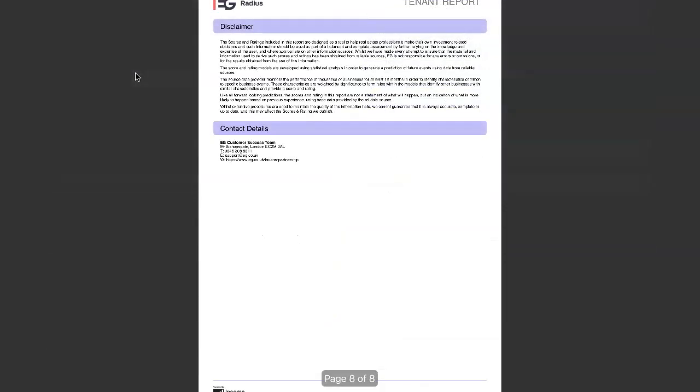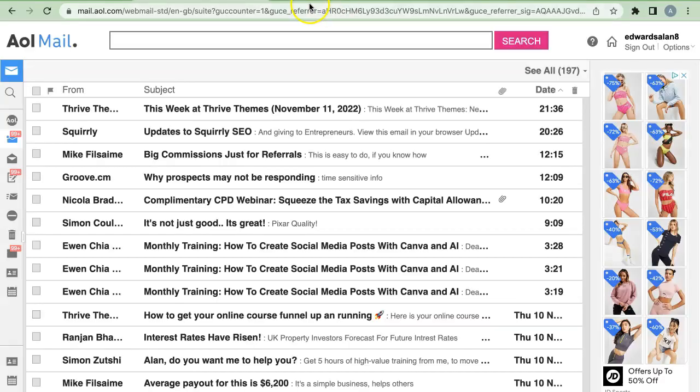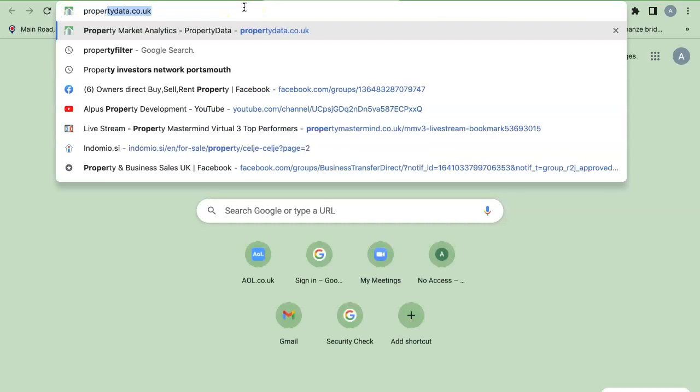So this is part of our due diligence process, and another aspect is that we use Property Data to evaluate the development potential of a particular site.